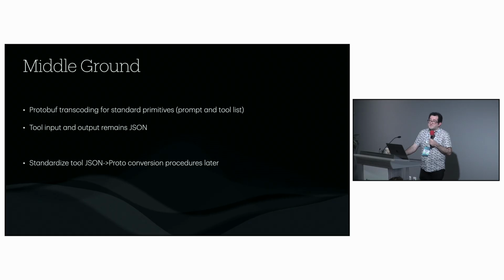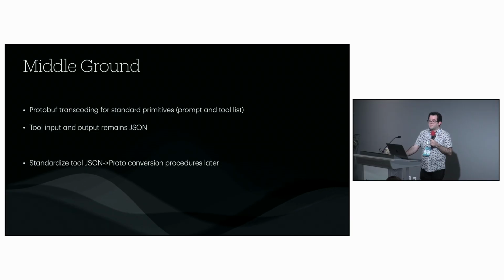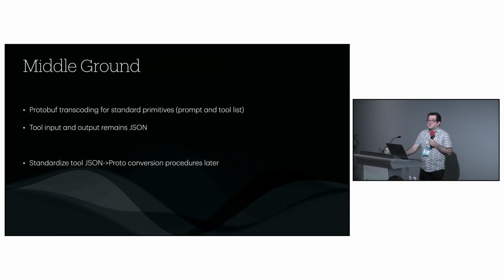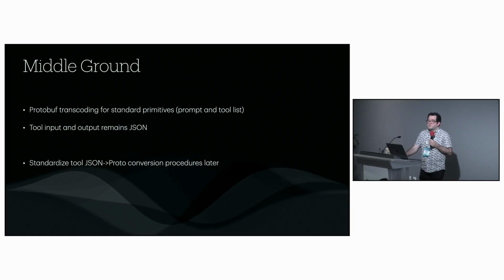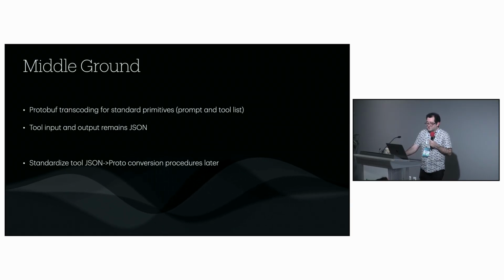So the prompts and the resources APIs are pretty fixed today. So we can transcode those and have a protobuf server. And the rest of them, for now, it seems like it might be a good idea for the tool input and output to remain JSON so that we get the flexibility should the MCP spec change. But that's obviously something that you may want to think about today in your infrastructure.